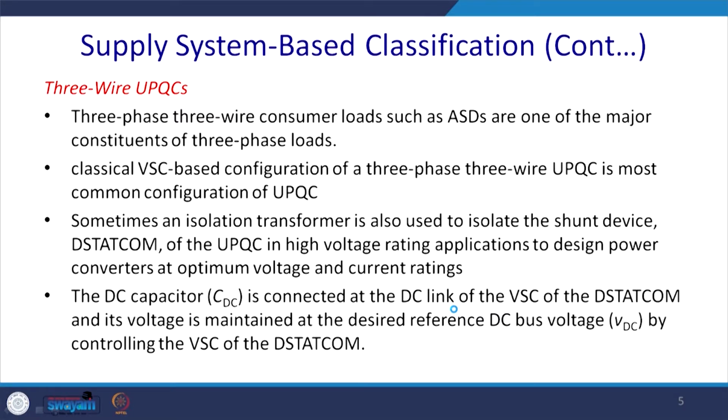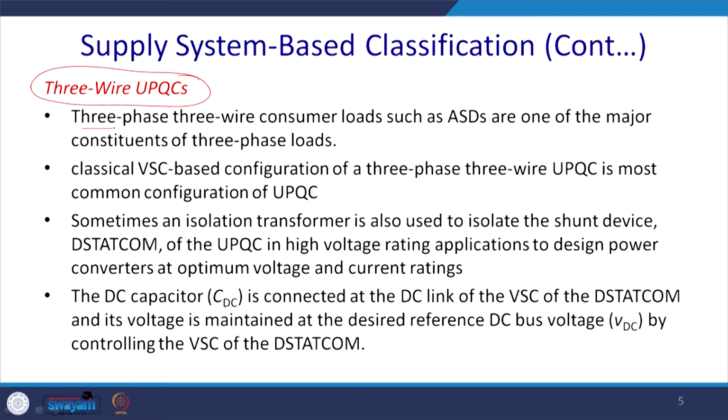Now, we talk about the more common UPQC that is placed, because loads are around 10 kVA to 100 kVA, and thus the rating of the UPQC will be in that range.